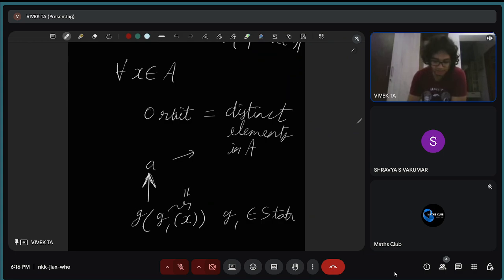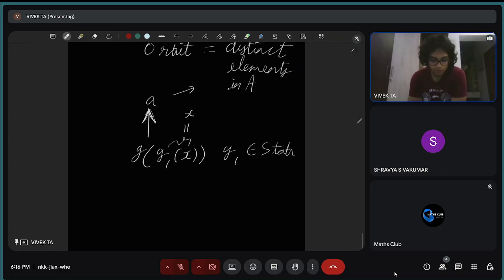Because g1 x is equal to x, right? So for each A, you take all of these elements. Each of these g1s gives me one distinct value, which just gives me x, which gives me a corresponding A.